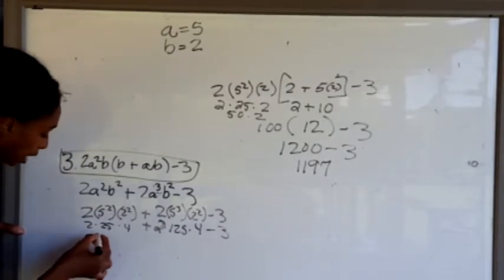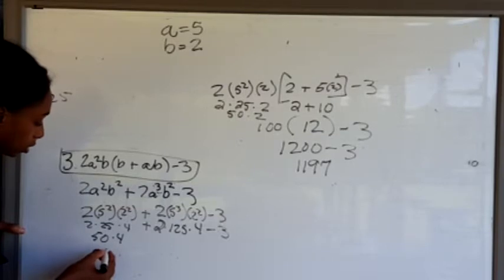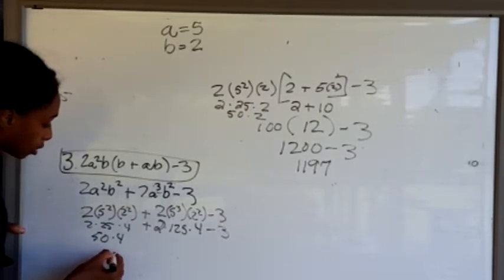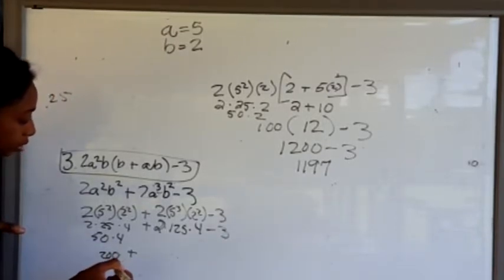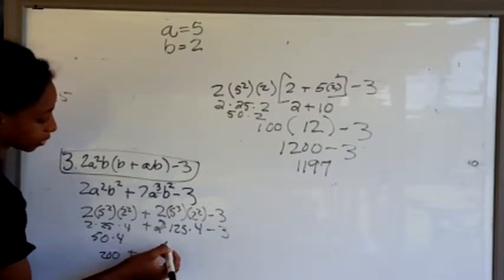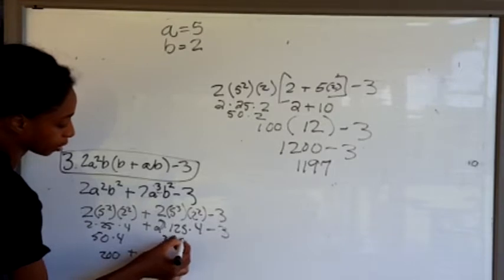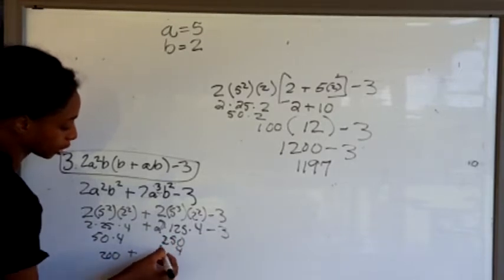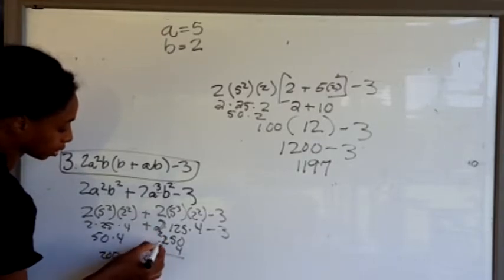So 2 times 25 is 50. 50 times 4 is 200. And then 200 plus 2 times 125 is 250. And then 250 times 4 is going to be 1,000.